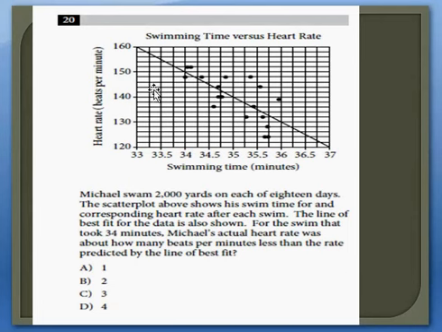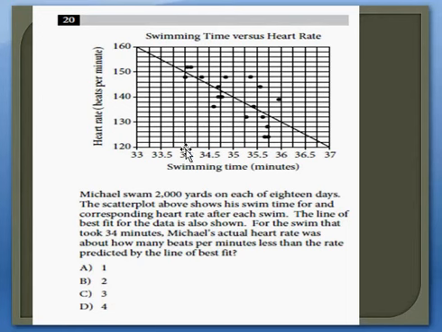If you see between 140 and 150, how is it broken down? You see a horizontal line for every two heartbeats, which you can interpret as 142, 144, 146, 148, and 150. I just want to point that out so that we can read these things correctly.